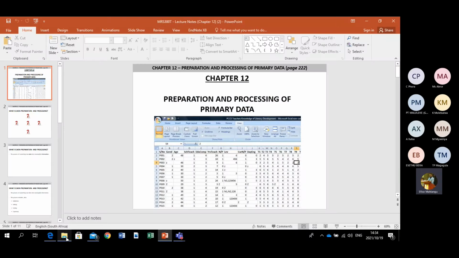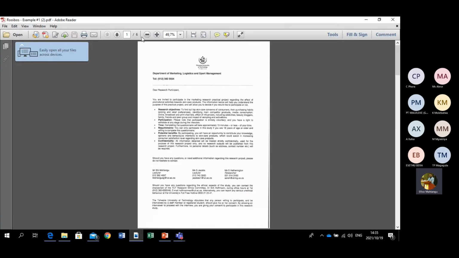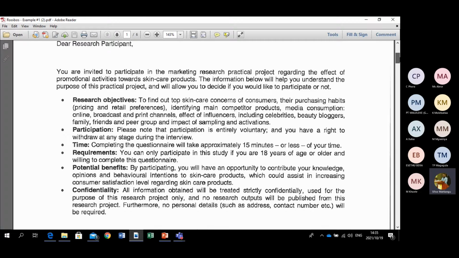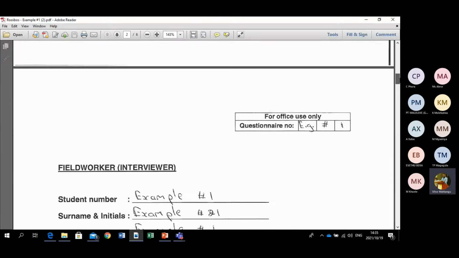So if I share with you another project that was done, we've got this company called Rooibos. We helped them with the research project, whereby we developed a questionnaire.